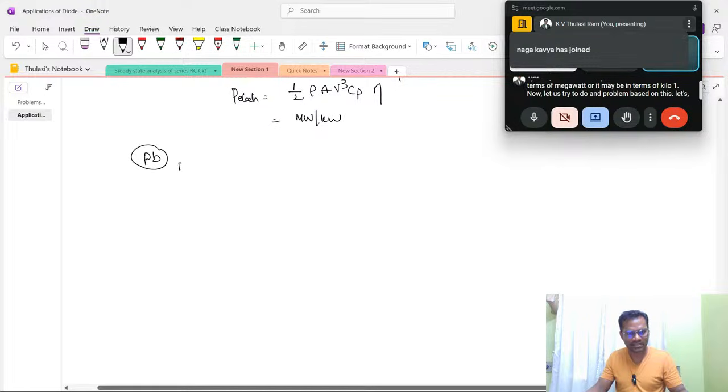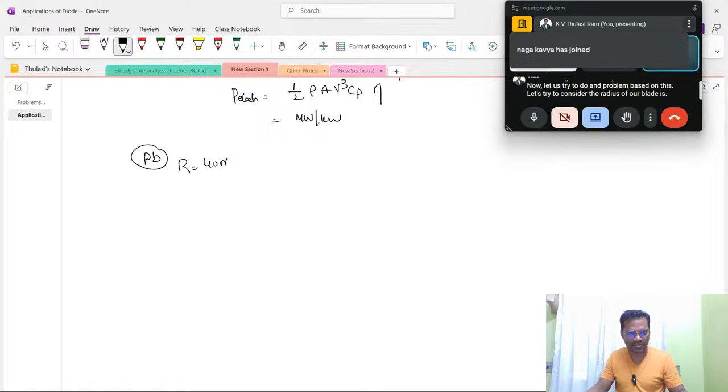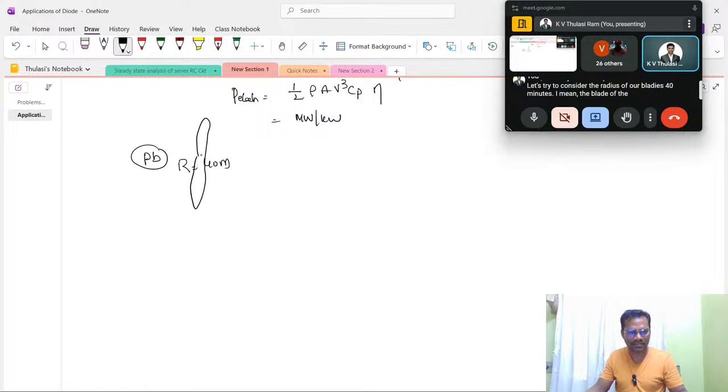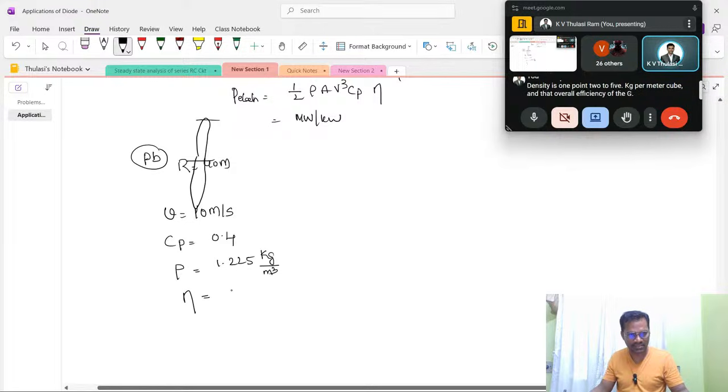Now let us try to do a problem based on this. Let's consider the radius of the wind turbine blade is 40 meters, the cut-in velocity of the wind turbine is 10 meters per second, the Cp, the power coefficient, is 0.4, the air density is 1.225 kg per meter cube, and the overall efficiency of the gearbox and generator is 0.9. Let's calculate the area, which is equal to pi into r square.